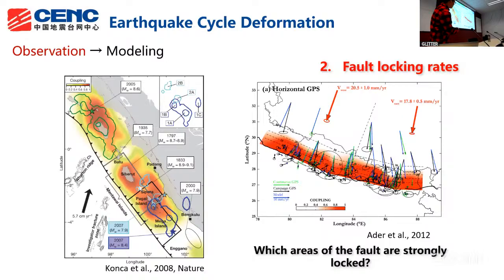And second is the fault locking rate. So first, what is fault locking? Because we know earthquakes happen here and not elsewhere, because here there is an active fault under tectonic stress.